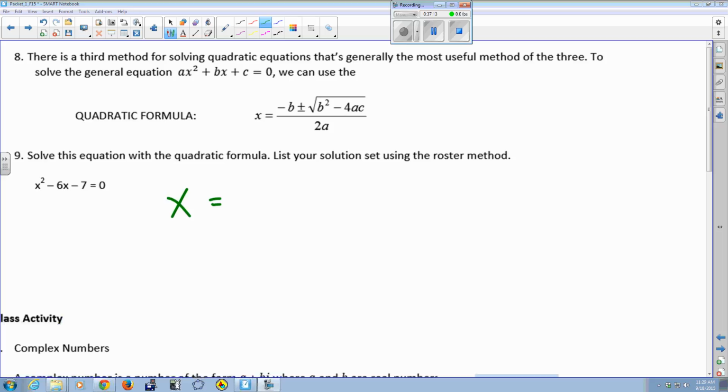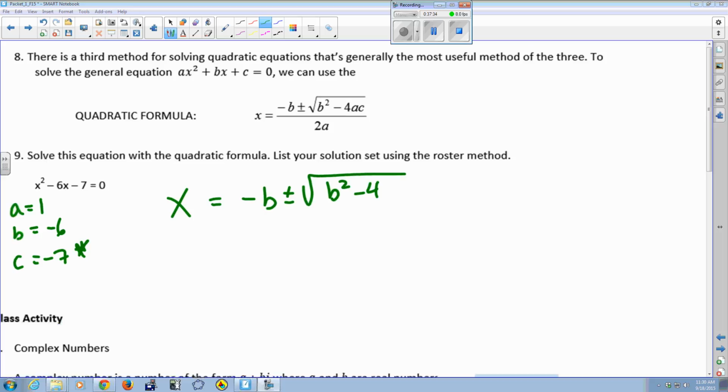First, we have to identify what A, B, and C are here. A is 1, B is 6, and C is -7. So since C is negative, I put a little star there, and I remind myself that my subtraction symbol inside is going to change to addition before I'm done.